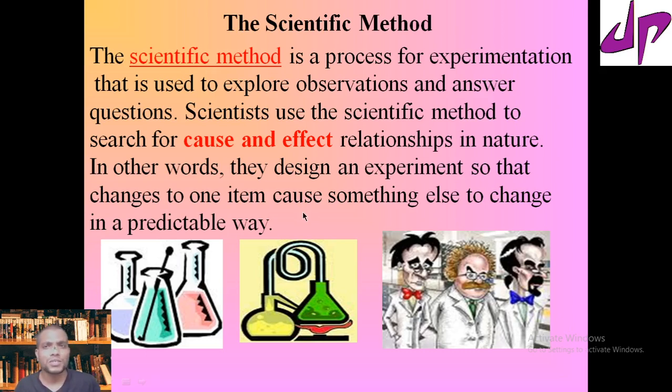Explore means to search for more observations, and from the observations, we need to get answers. That method we define as the scientific method. Mostly scientists use the scientific method to search for cause and effect relationships in nature. So this word is important: cause and effect.